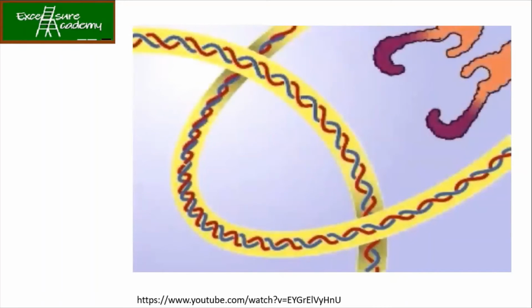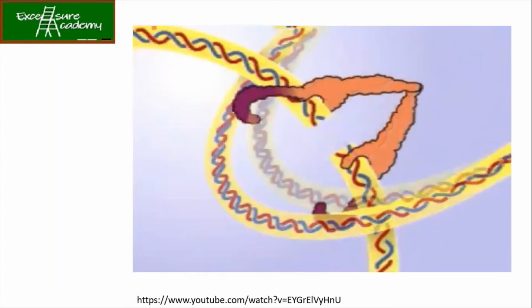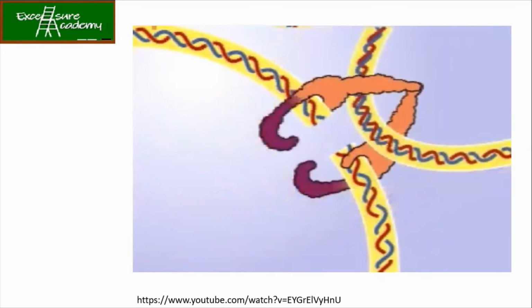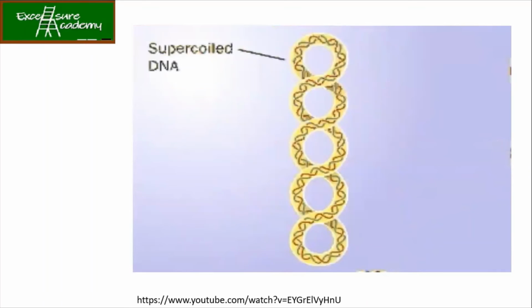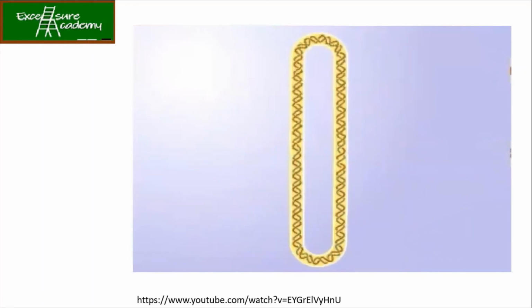Topoisomerase II enzymes do the same thing but with both strands of the double helix. Topoisomerase II cuts both strands of a double-stranded DNA and passes another double strand through the break and then reseals the break. So if a molecule of DNA is supercoiled, topoisomerase II can remove the supercoiling, 2 twists at a time, to yield a relaxed circle.